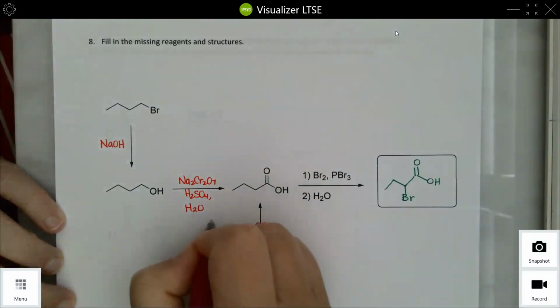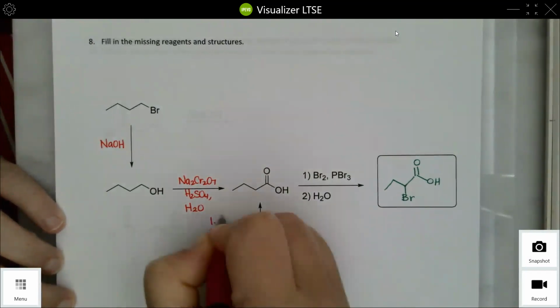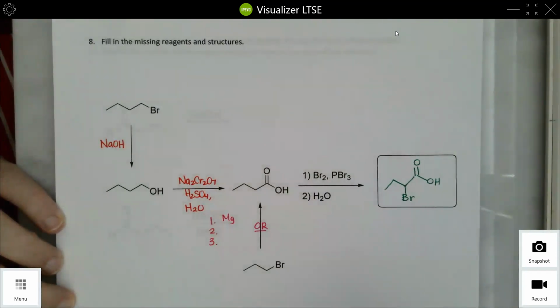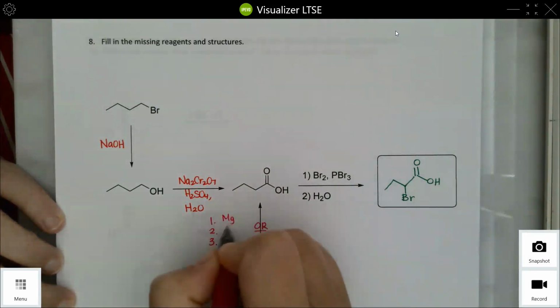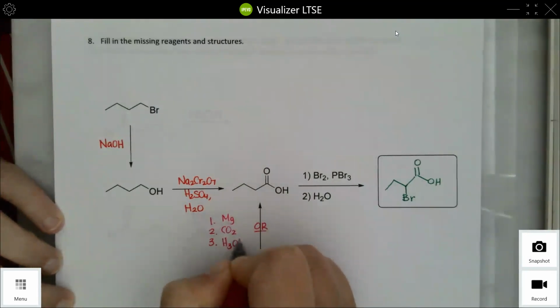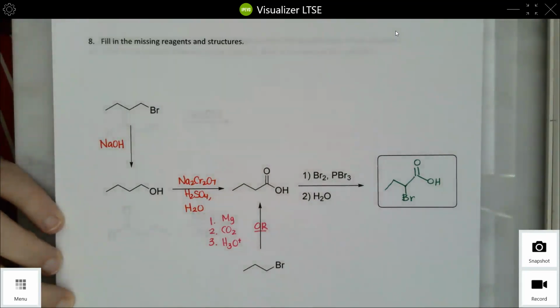You could do the same reaction we did on an earlier question, which is formation of the Grignard reagent from the alkyl bromide, add CO2, and then do an acidic workup. That would be one way you could do it.